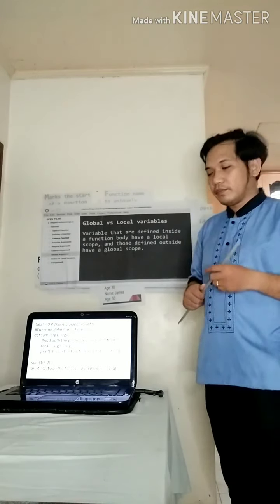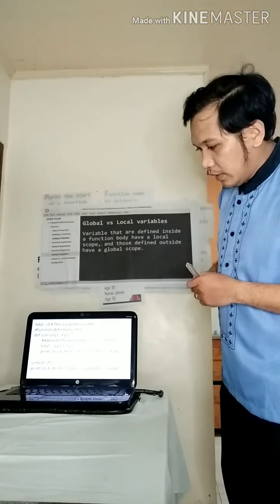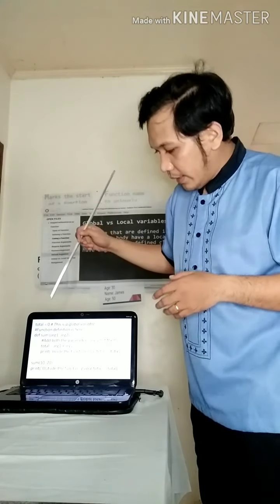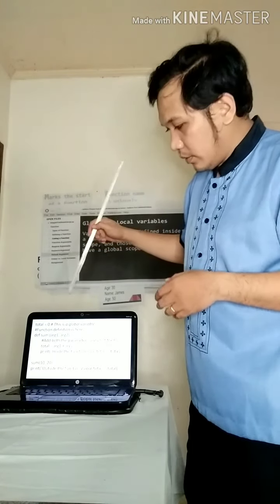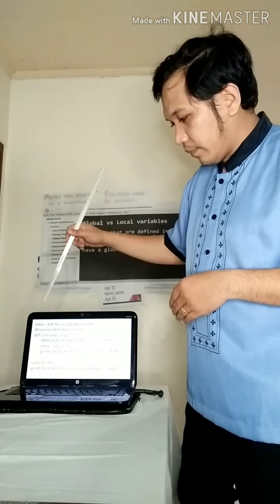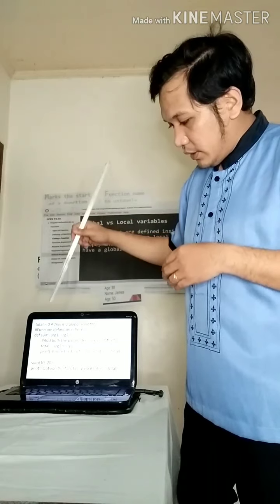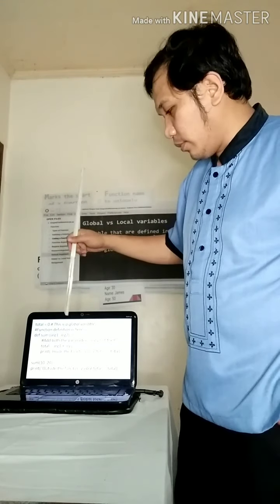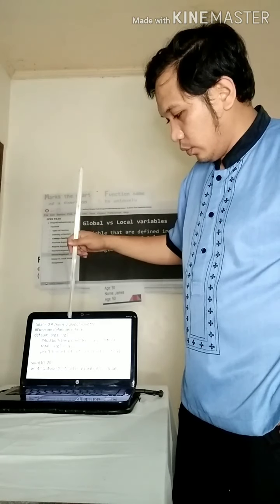As you can see, in this program, we have the variable total and assign it with the integer 0. And then we define a function named sum, and we declare two arguments, arg1 and arg2.